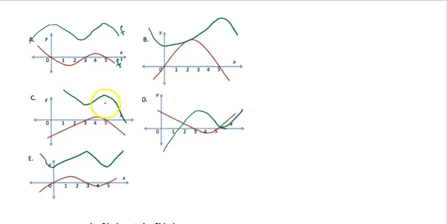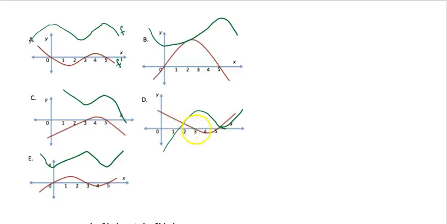Okay, so again, it doesn't matter where vertically your graph is, but you need the characteristics to be the same. So for B, we were negative and then positive and then negative, which means my original would be decreasing, increasing, and then decreasing. For C, it was negative, positive, negative, so again, decreasing, increasing, decreasing.